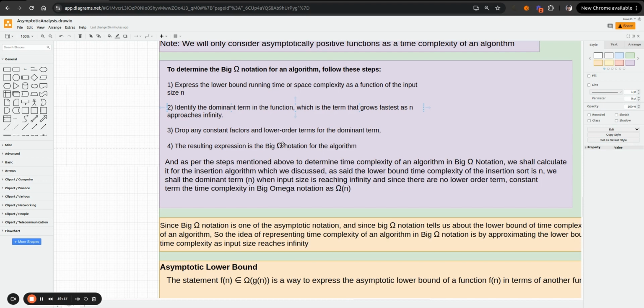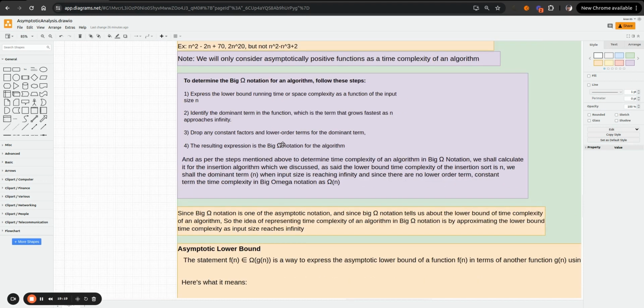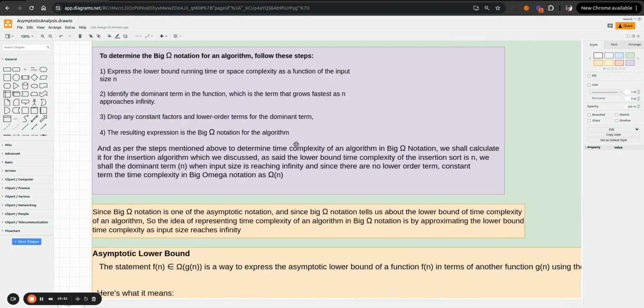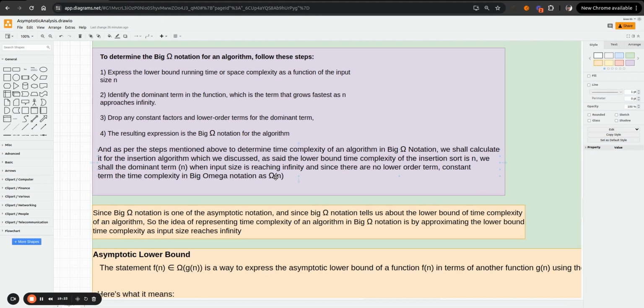So the resultant will be the expression in big omega notation. In this case, the time complexity in big omega notation for the insertion sort algorithm is big omega of n. So this is how to determine time complexity in big omega notation.